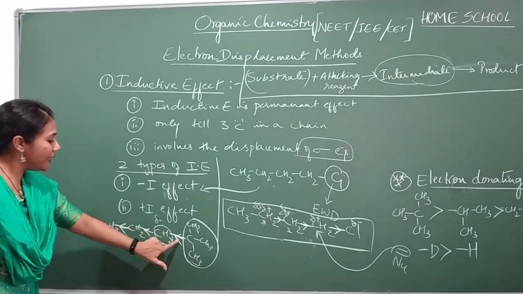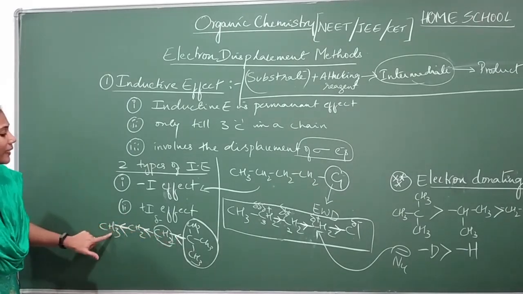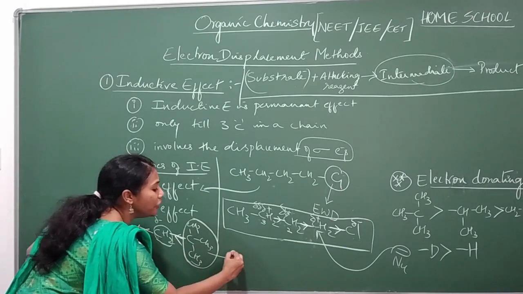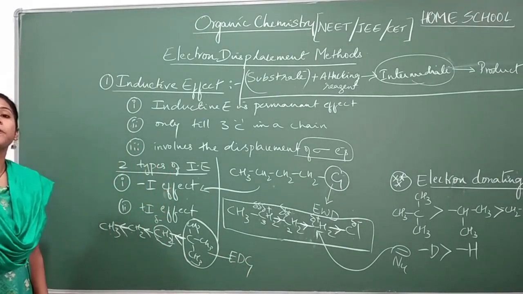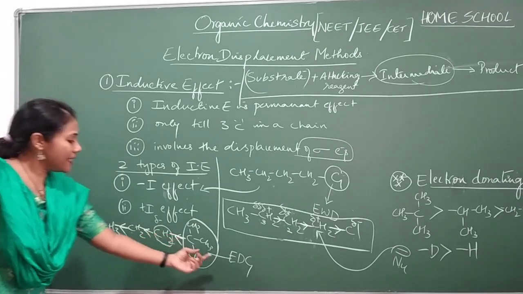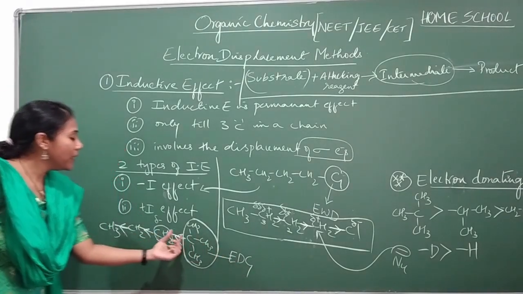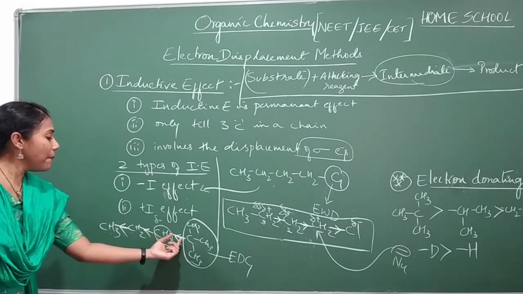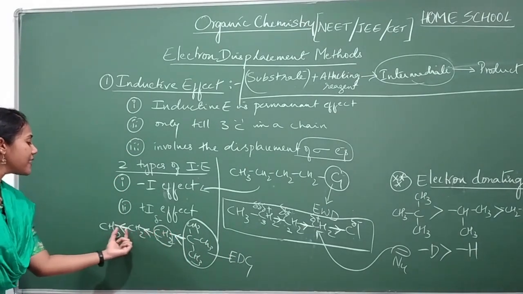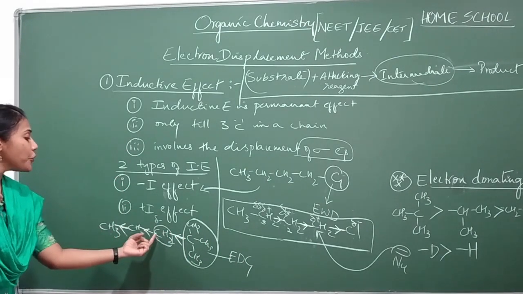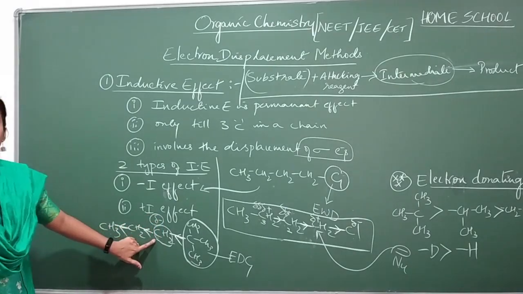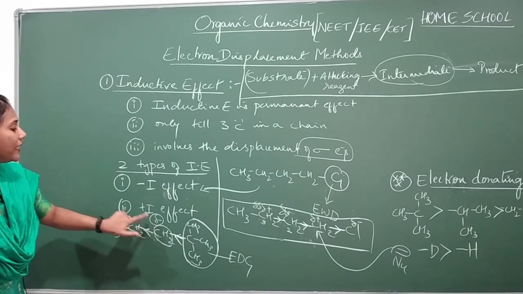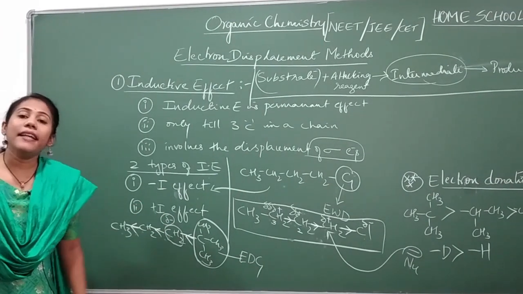When does a bond move towards carbon atoms in a chain? Whenever you have groups like electron donating groups. In the presence of an electron donating group, the sigma bonds will move towards carbon atoms in a chain, making our carbon atoms electronegative. Such an effect we call the plus I effect.